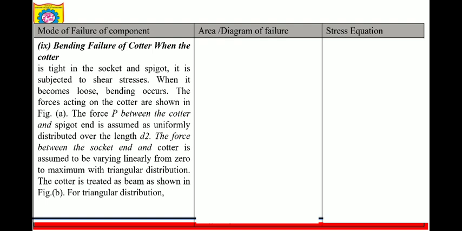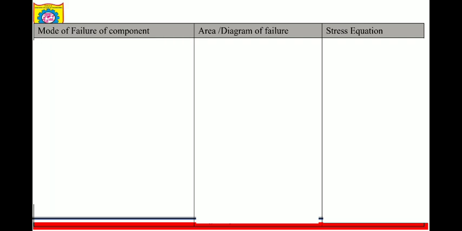Next is bending failure of the cotter when the cotter is tight in the socket and spigot. There are two things you must try to understand here. So we are having the cotter. I will go to the previous diagram, and in the diagram we will see the spigot and our assembly.